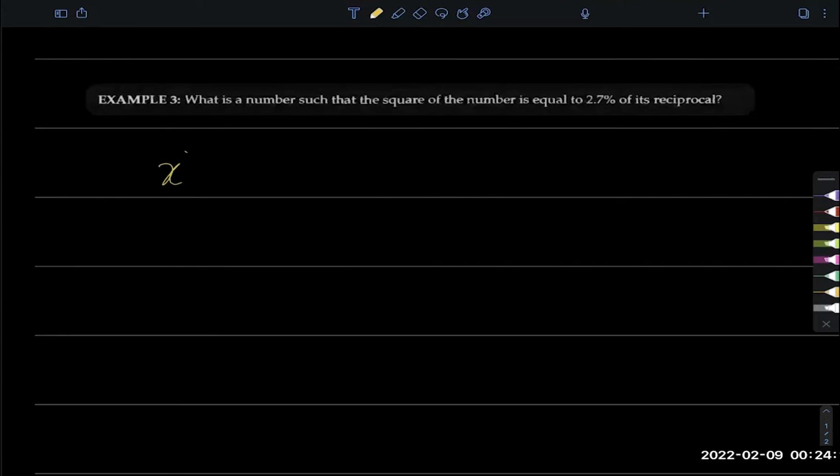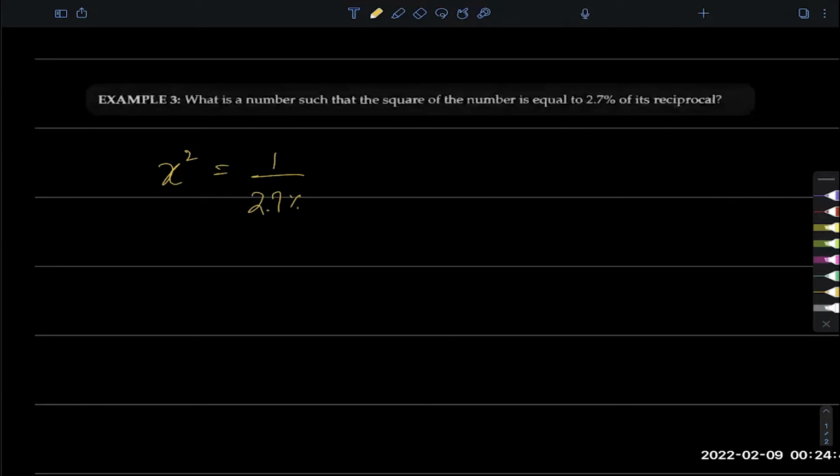X squared is equal to 1 over 2.7%. 2.7% of what? I don't know, sir, I'm just guessing. No. 2.7% of what? Of its reciprocal. And what is the reciprocal? 1 over 2.7% is not the reciprocal.